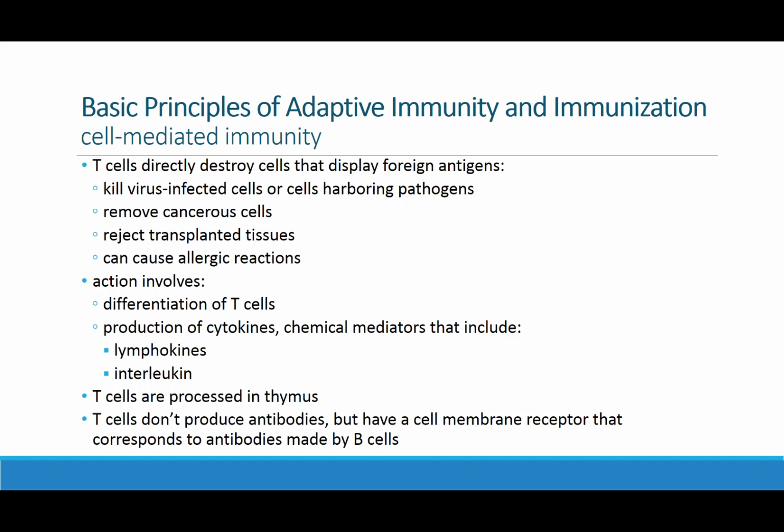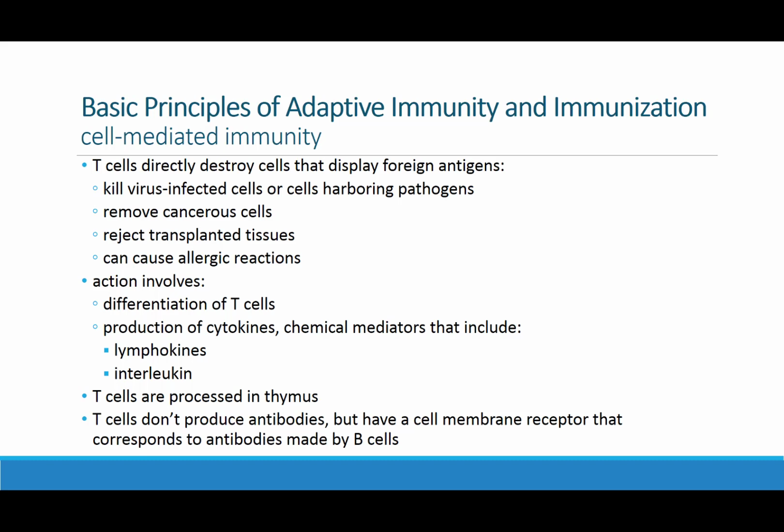T cells, remember, let's go back to some of the earlier lectures. T cells are processed in the thymus. They differentiate in the red bone marrow, but before they mature, they migrate to the thymus. They're processed there under the influence of thymosins, those thymus hormones.